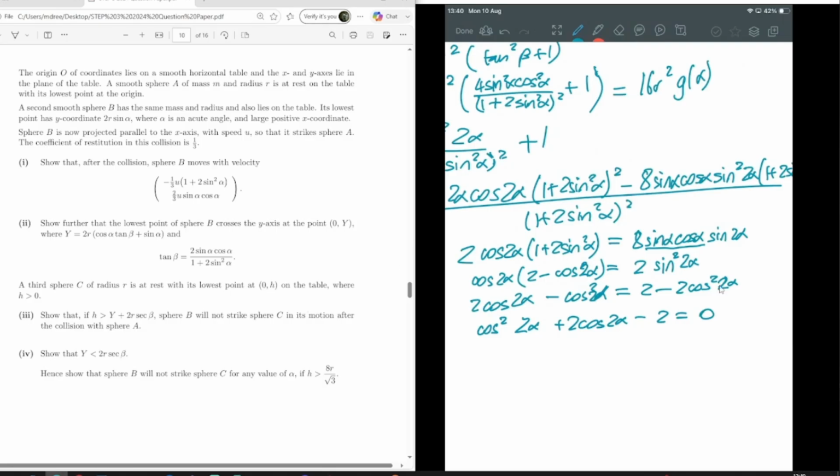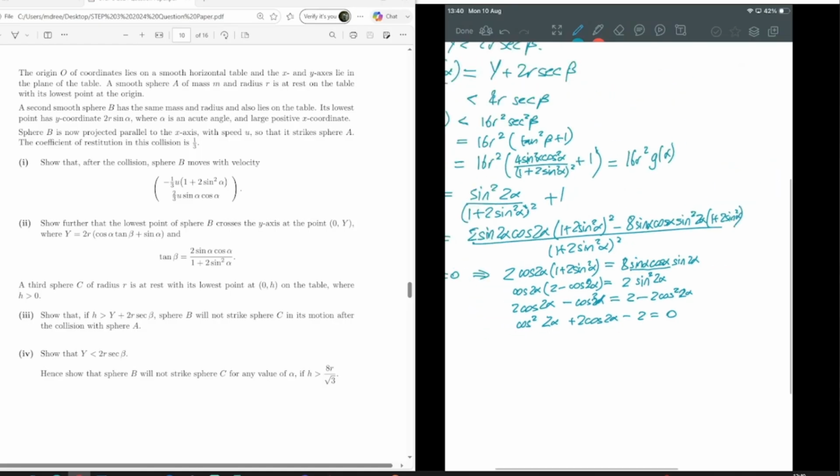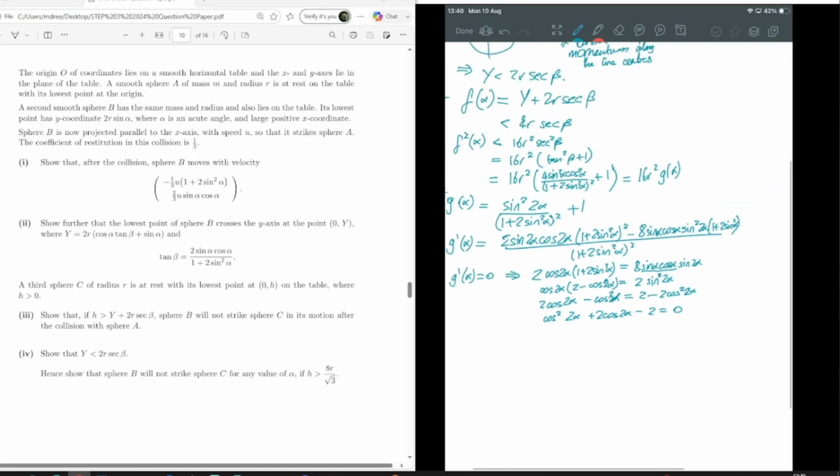So was it smarter to have left things in terms of alpha? We've definitely made our life more complicated than it needs to be. So is there any other smarter things I could have done? I'm trying to maximize here.